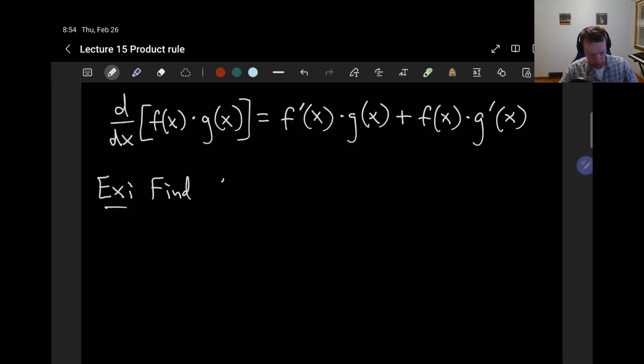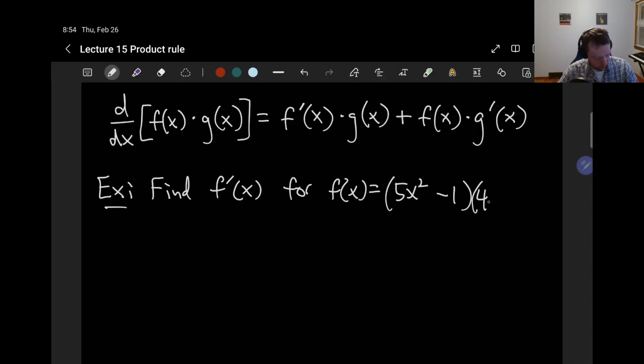For example, we want to find f prime of x. Let's say f of x equals 5x squared minus 1 times 4x plus 3.